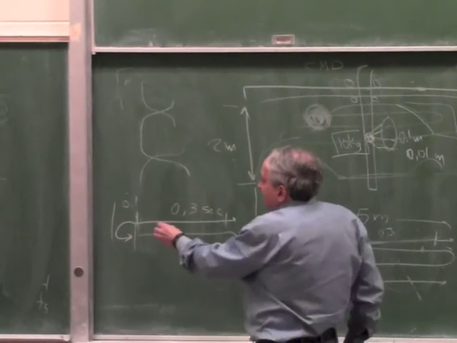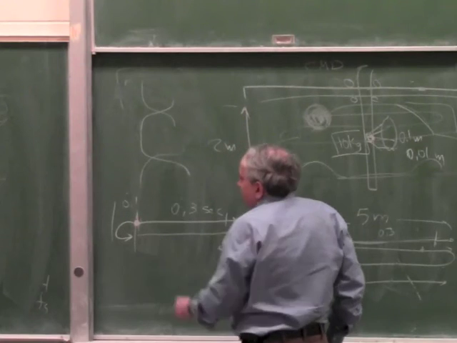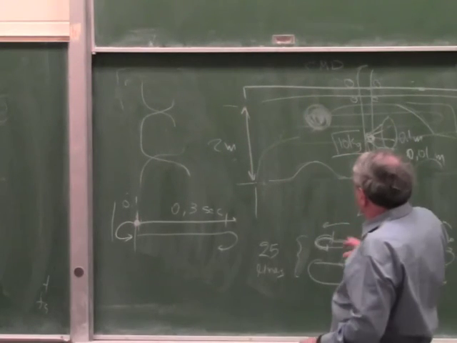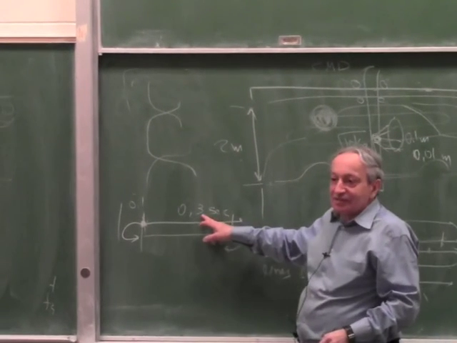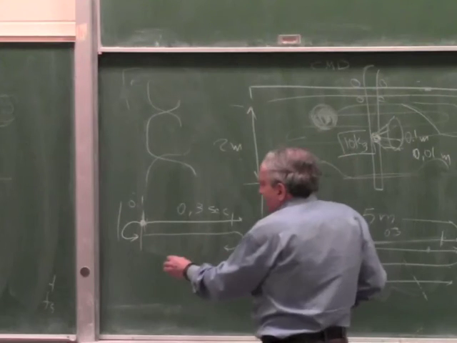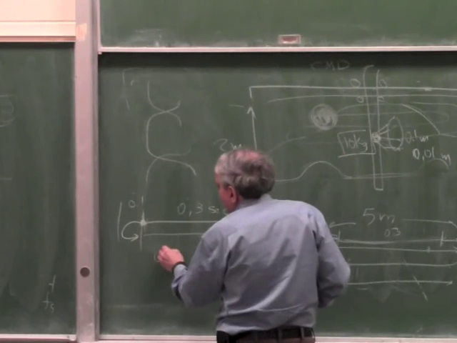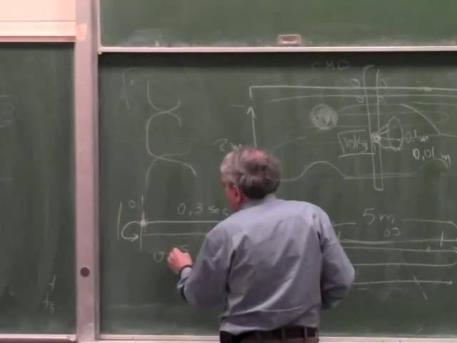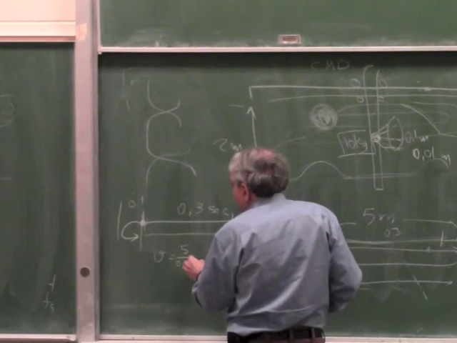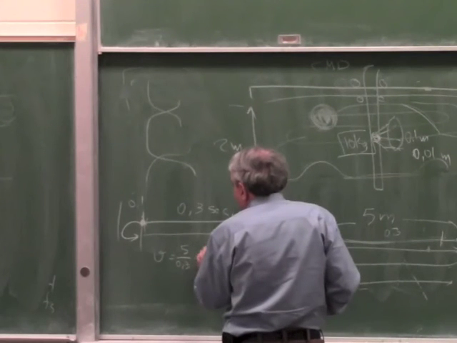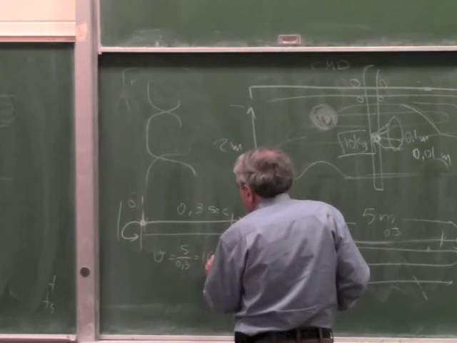The velocity here is known because it goes 5 meters in 0.3 seconds. So the velocity during the linear part is 5 meters in 0.3 seconds.